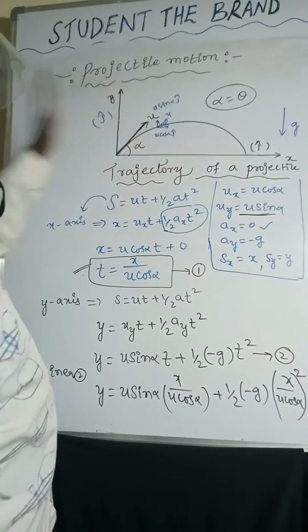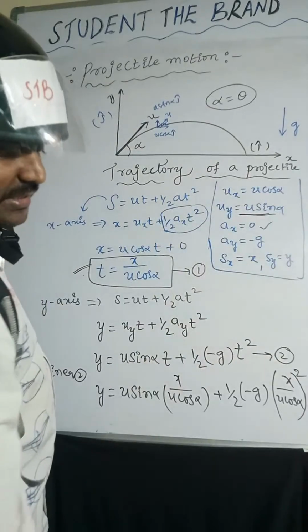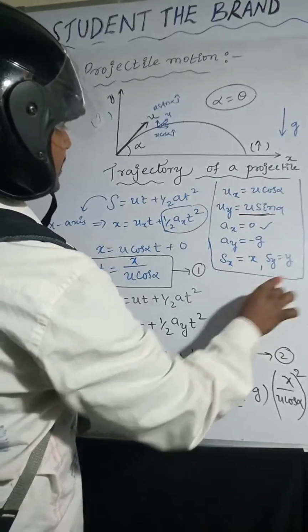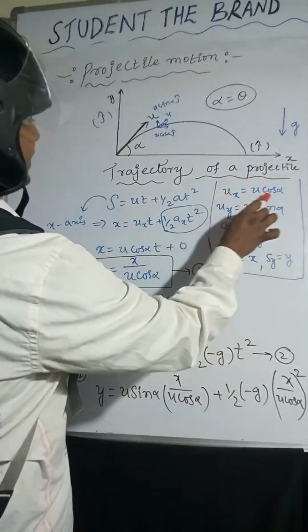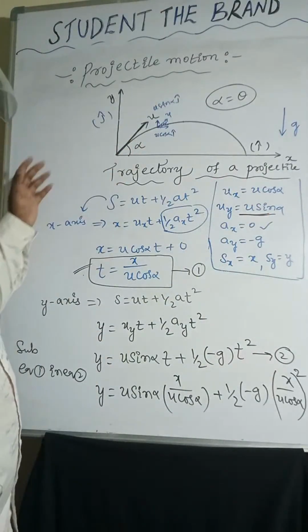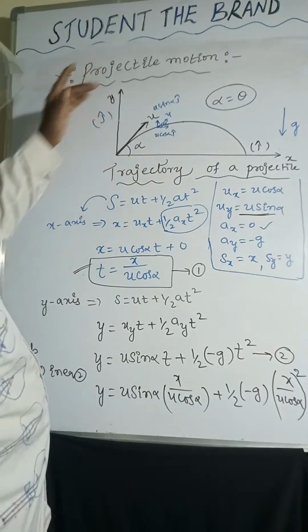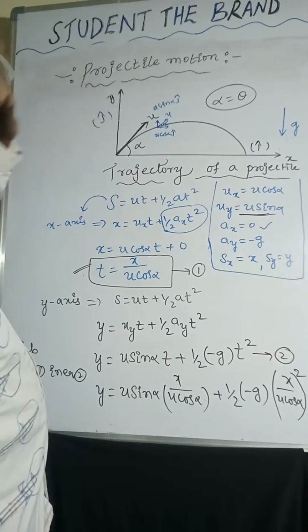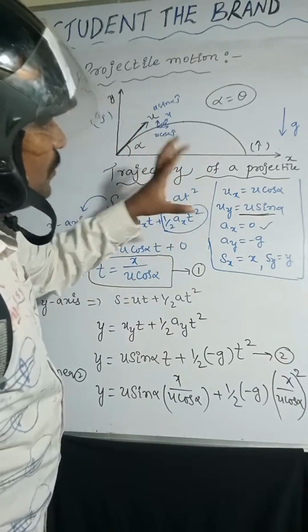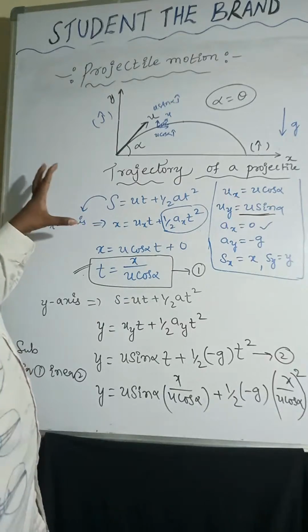Along the x-axis and along the y-axis, I already wrote the conditions, and we have to follow these very important conditions: along the x-axis u cos alpha, along the y-axis u sin alpha. You have to substitute those conditions in the equation.